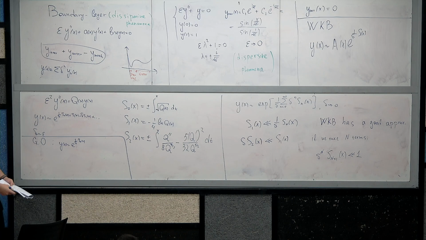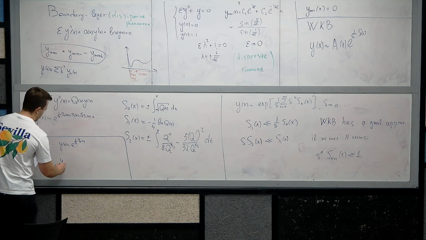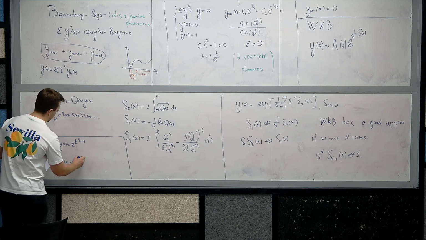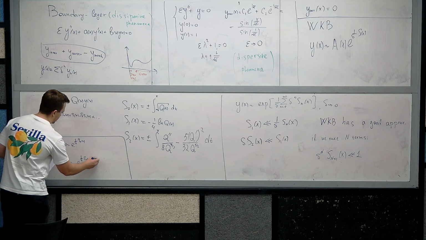Of course, in most cases it's not a good approximation, but in some cases it is. And the second one is the physical optics approximation, in which we take the first and the second term: 1 over delta times S naught of x plus S1 of x.